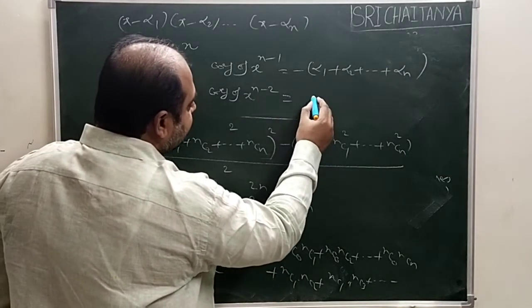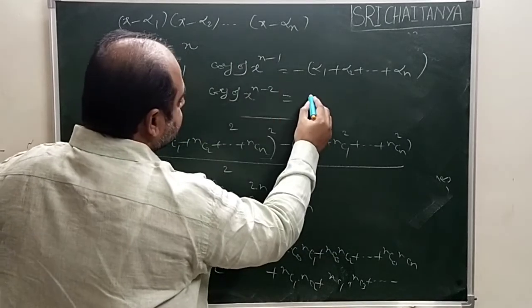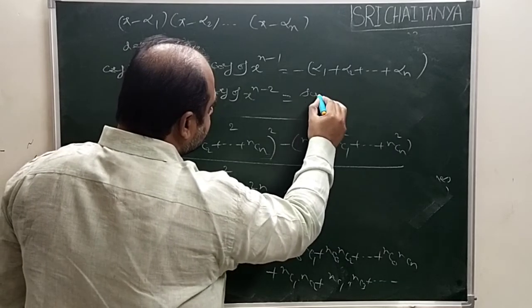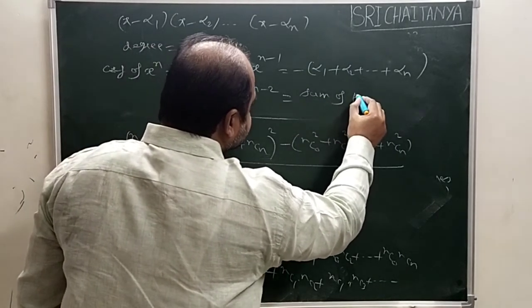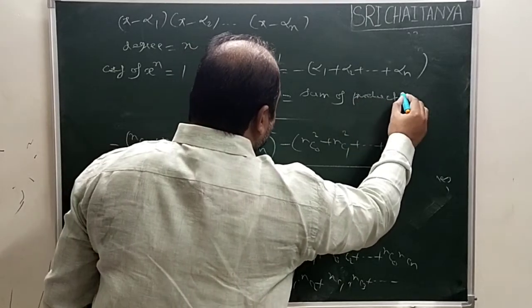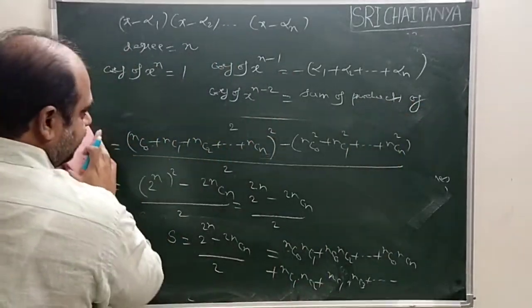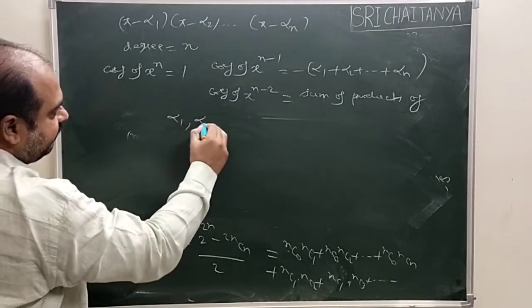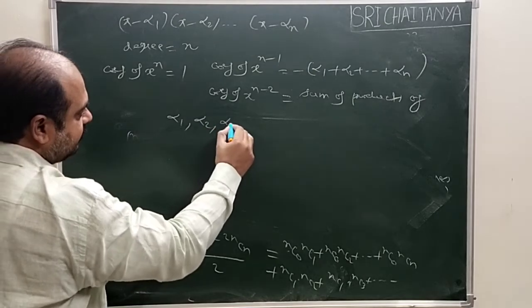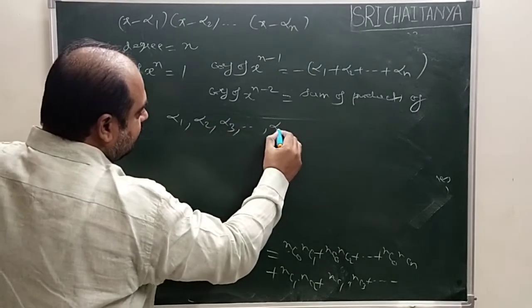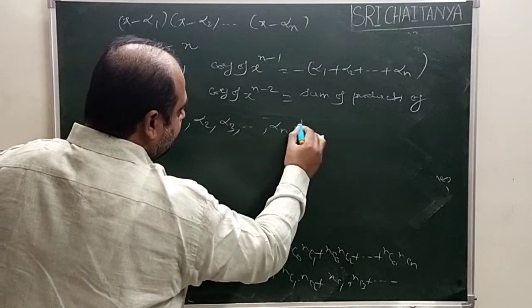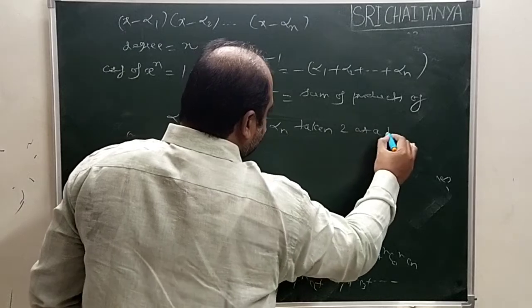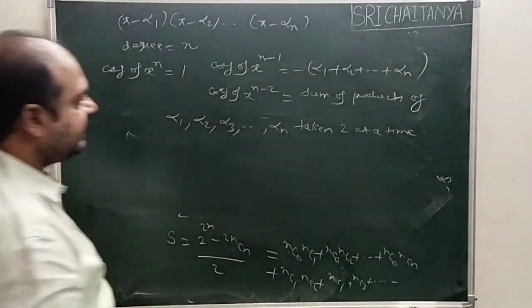You will get the sum of products of alpha 1, alpha 2, alpha 3 and so on up to alpha n, taken 2 at a time.